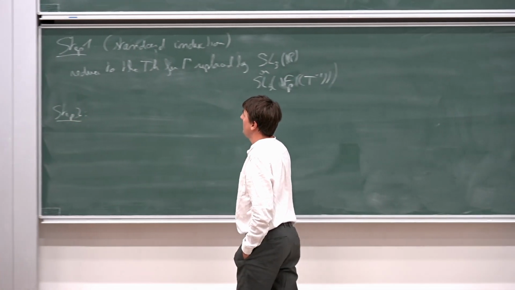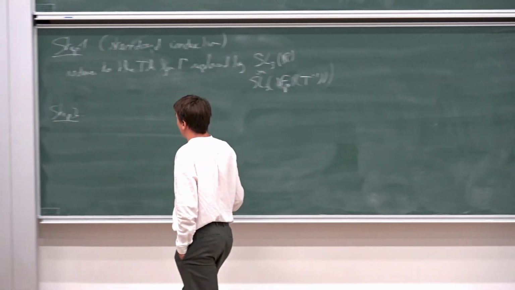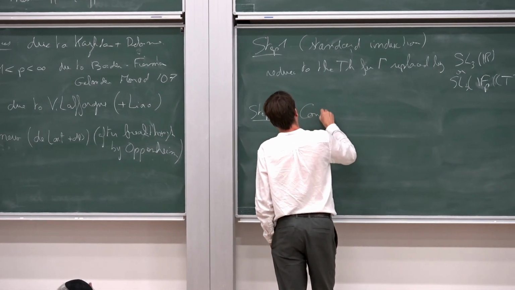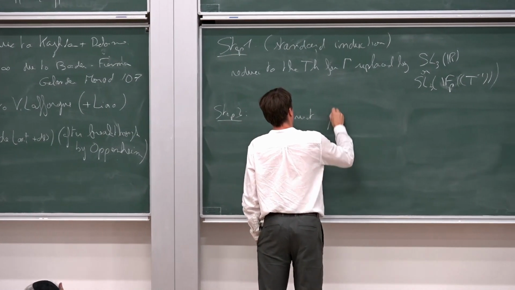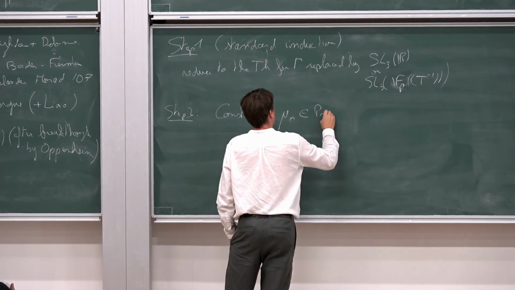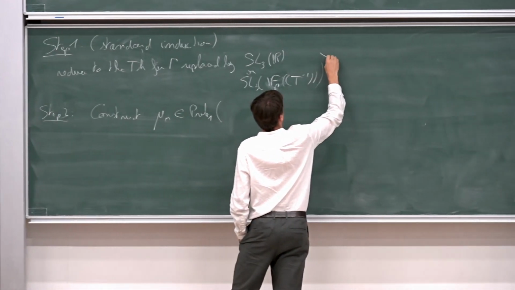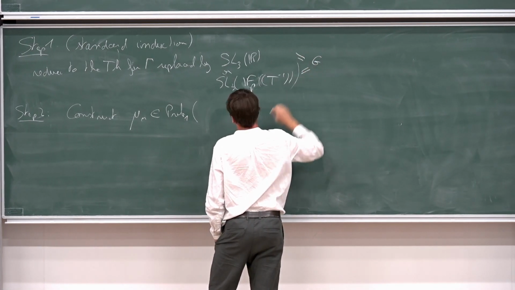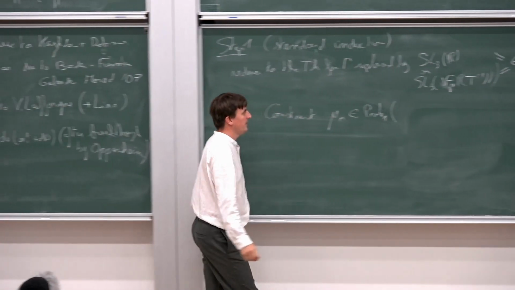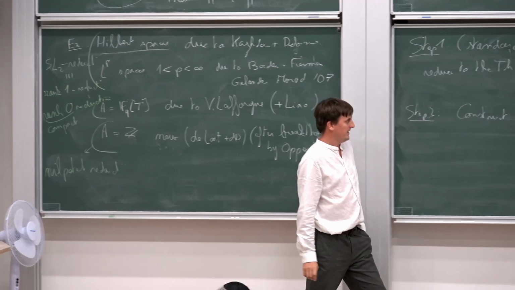Okay, then step 2. So we construct a sequence μn of probability measures on, let's call these groups G. So there are two cases. G is either SL3 of R or SL3 of the field of Laurent series.